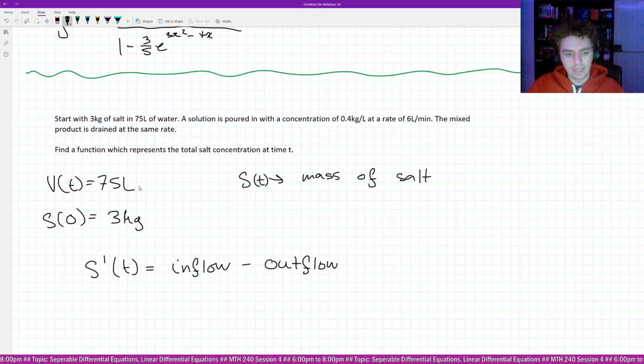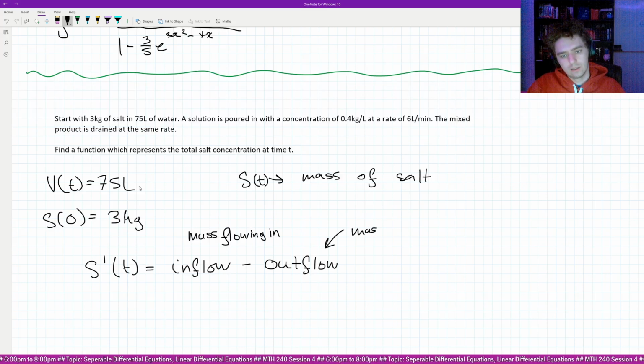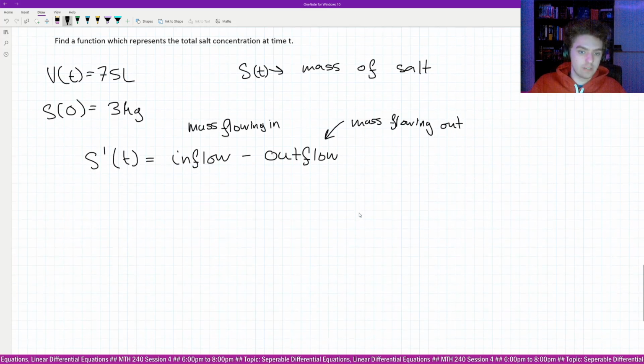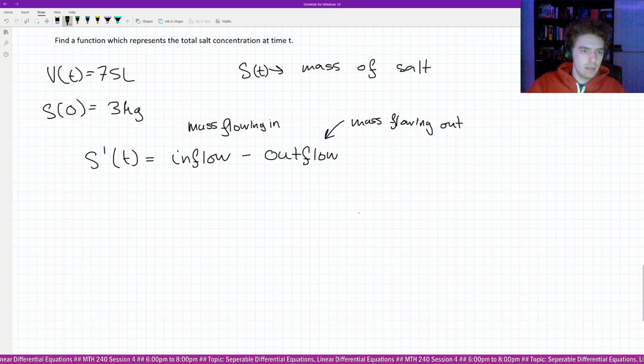So the amount of mass flowing in and the mass flowing out, as a function of time. Yeah, okay, that makes sense.